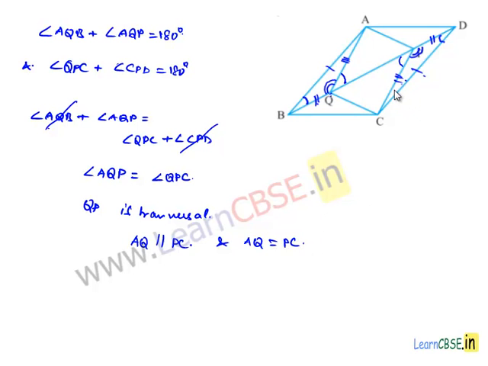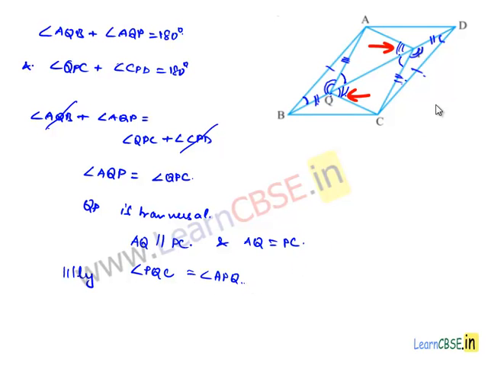Now similarly, if we consider the first proof that triangle APD is congruent to triangle CQB, we can prove angle PQC is equal to angle APQ.